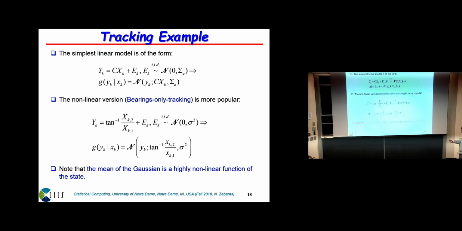You can have linear dynamics, but the observation model, the likelihood here, is nonlinear. In robotics, for example, this is standard. There are lots of books out there on probabilistic robotics, and maybe half of those books is around this type of technique.